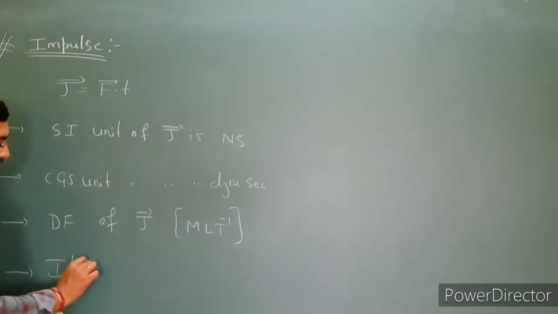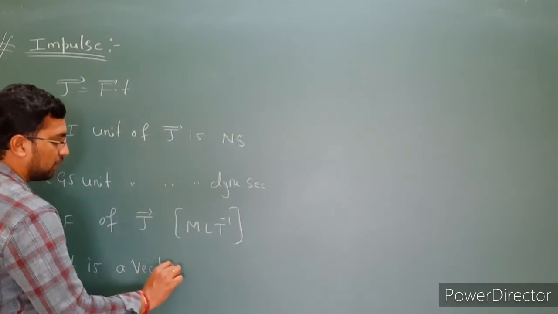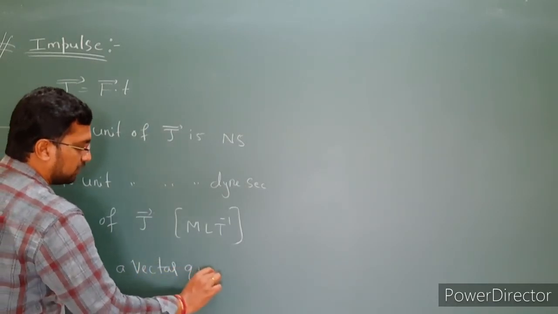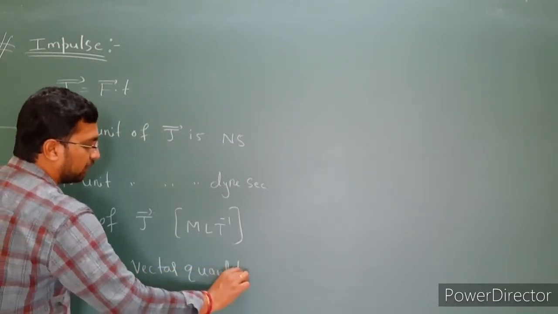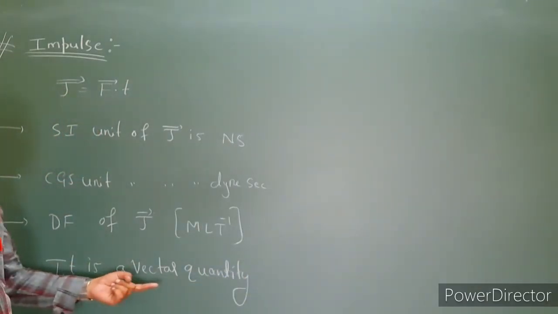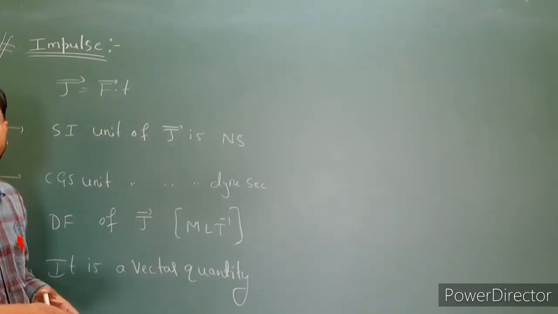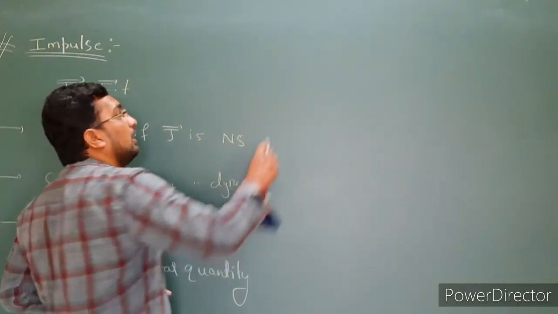It is a vector quantity, which means it has both magnitude and direction. The direction of an impulse is similar to the direction of the force.